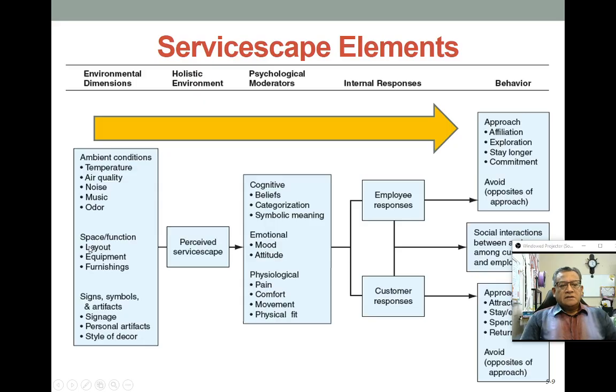And if you reflect on IKEA's space and function, the layout is nicely spaced, in which there is abundant space between departments for you to enjoy and have a look prior to making the purchase.